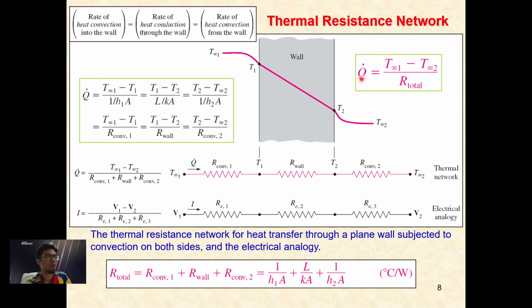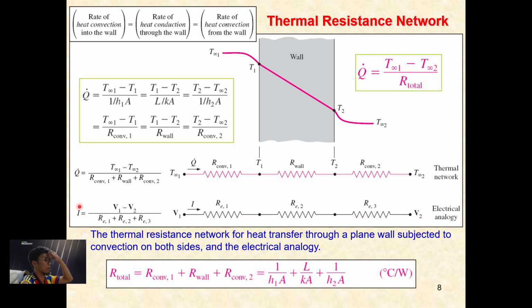Right? Why we call it as a thermal resistant network? Because it is similar analysis to your electrical analogy here. Kan? Kalau you ada series of resistor, you nak cari current, what do? You do like this. Resistance you totalkan semua, kemudian you dividekan voltage different, dan you boleh dapat current kat sini kan.